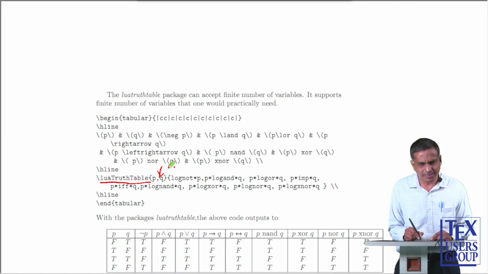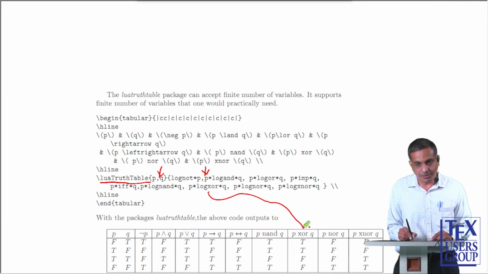The first one is a sequence of boolean variables and the second one is a sequence of logical expressions. For example, this P star log star Q refers to this column. This part of the command refers to this.